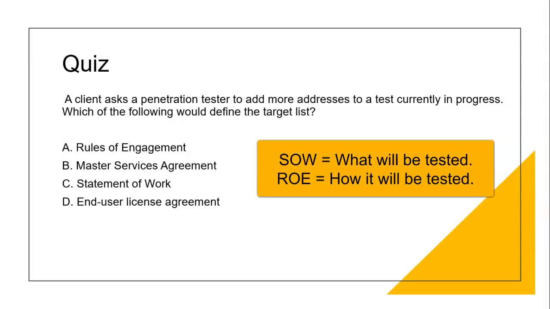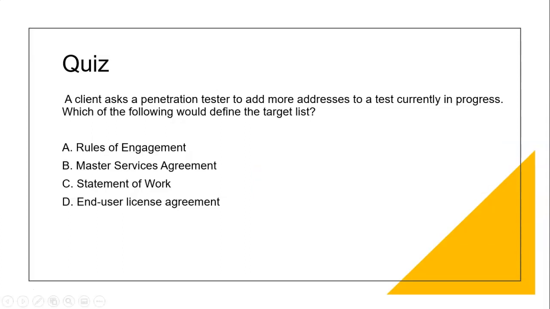So a client asks a penetration tester to add more addresses to a test currently in progress. That will be answer C, the statement of work. So you have to read into the question very carefully when they talk about what gets added to what document.